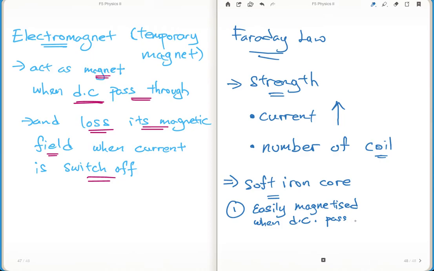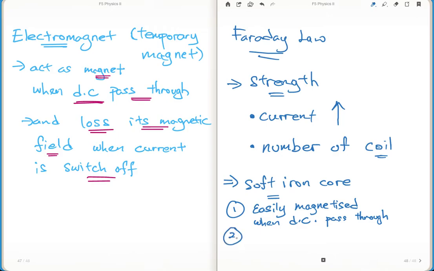I mean, in order for this electromagnet to work, you need to use direct current only. You don't expect alternating current would work. Direct current just means like from a battery.